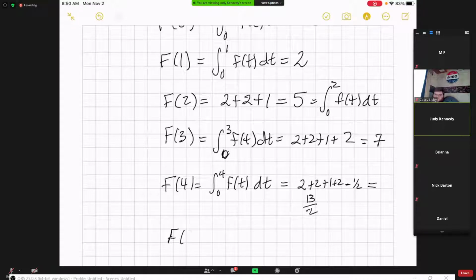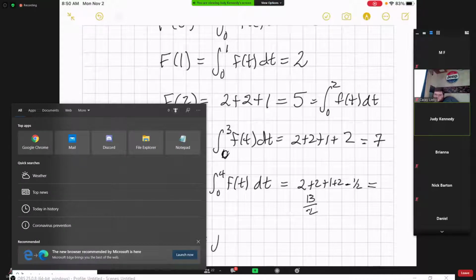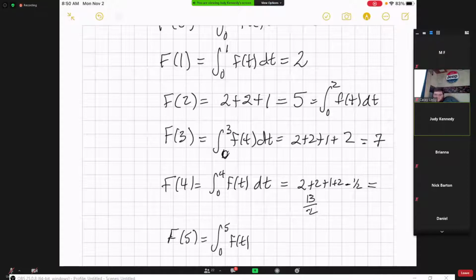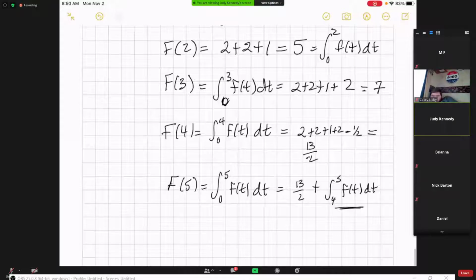And f of 5. Well, it would be what we just got plus the integral from 4 to 5 of f of t dt, because, again, properties of integrals, I'm allowed to break up integrals into the sum of 2, right?